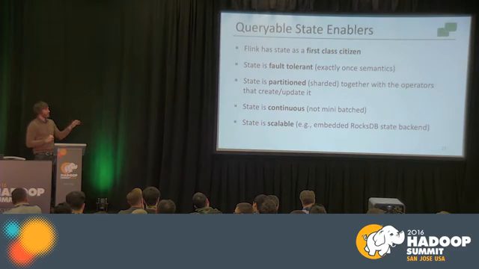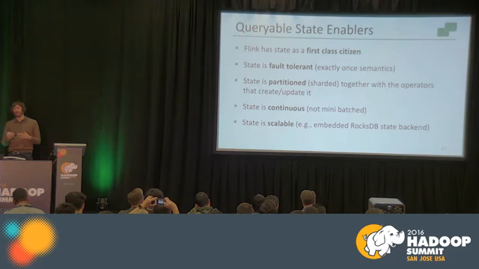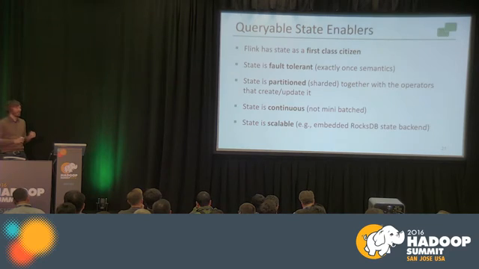And the fourth one is that the state has to be scalable state. It has to be able to overflow to disk if it grows too large. It cannot just be a best-effort hash map that you keep. Over the last months, all of these things became available in Flink, and this is why I think queryable state is a feasible thing to do now.